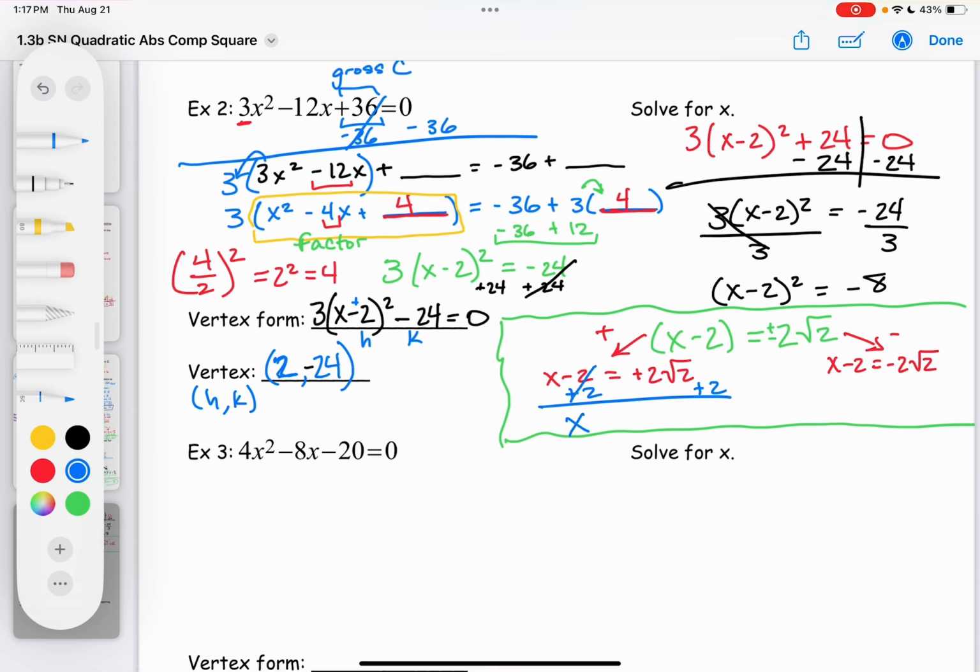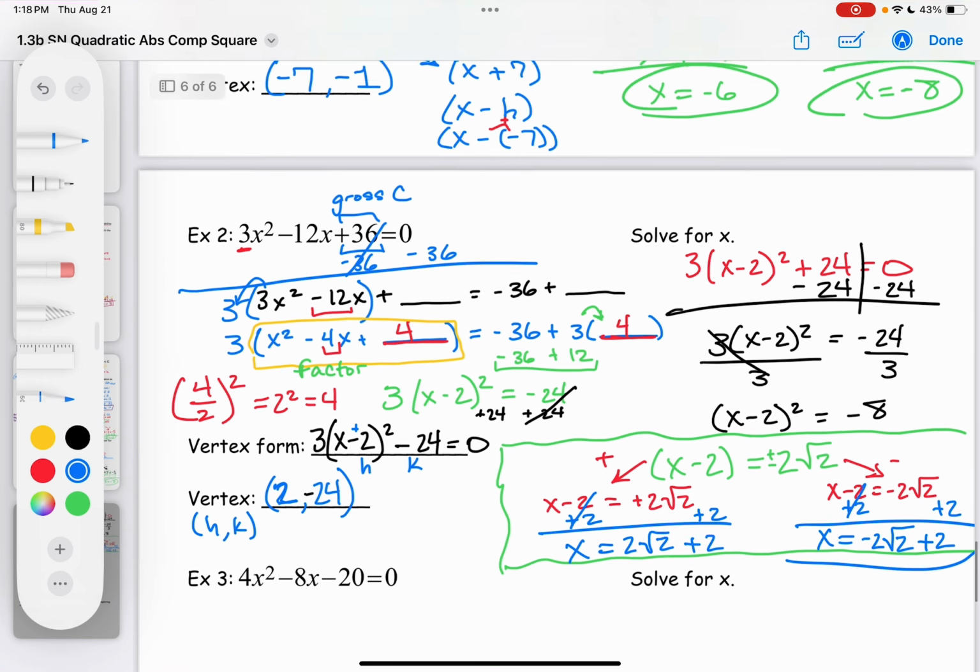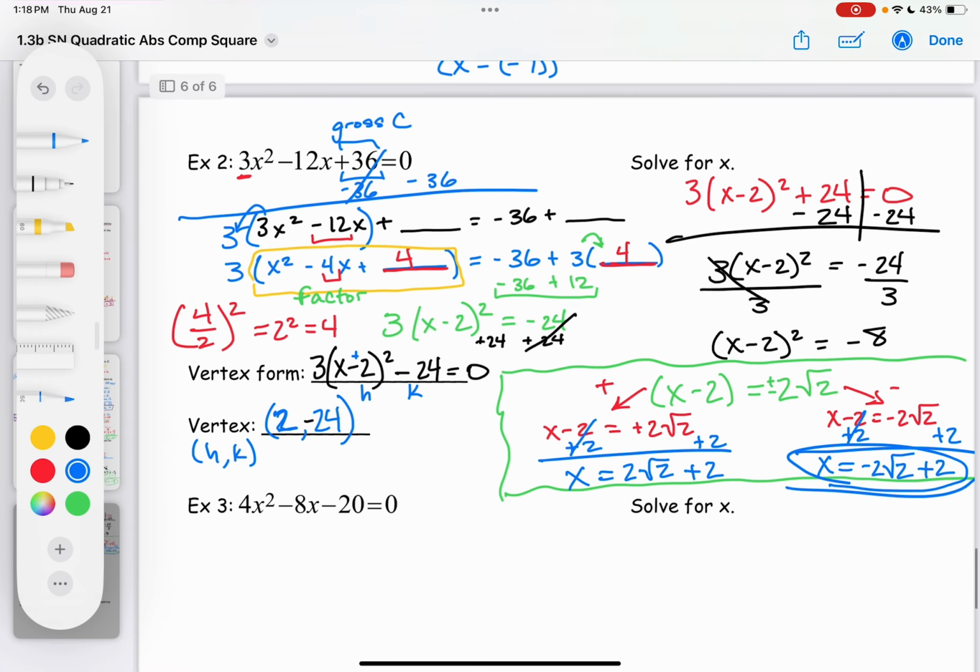So I'm going to have x equals 2 square root of 2 plus 2. And on this side, I'm going to add 2, but again, they are not like terms. So I'm going to have x equals negative 2 square root of 2 plus 2. And those would be my final two solutions.